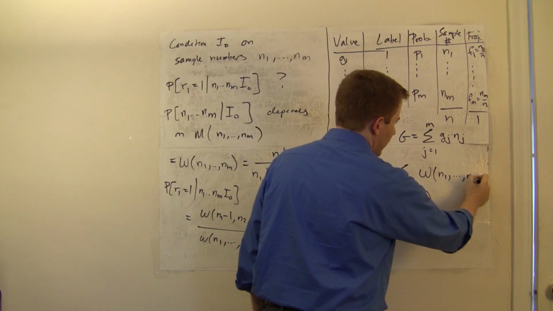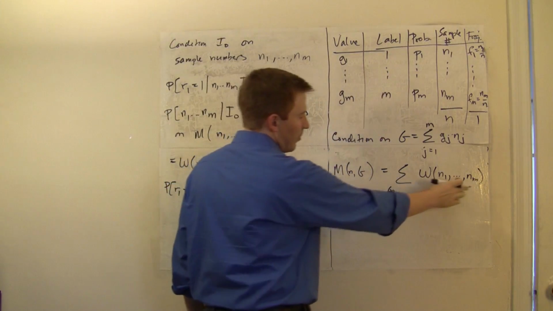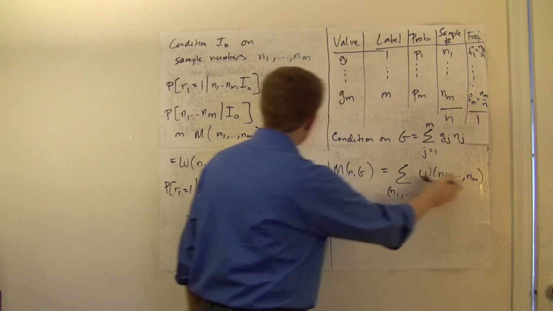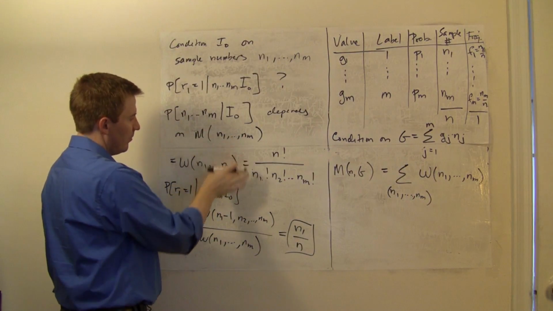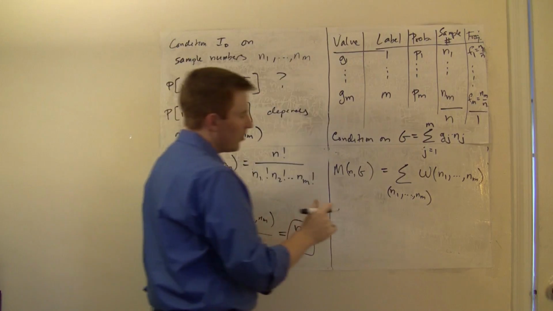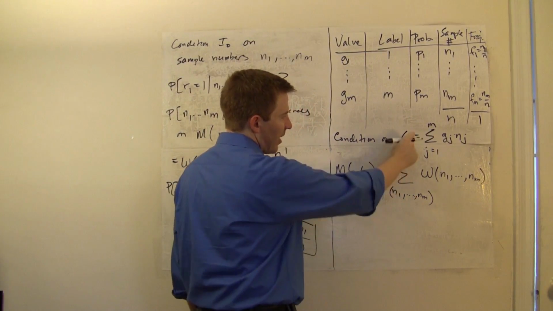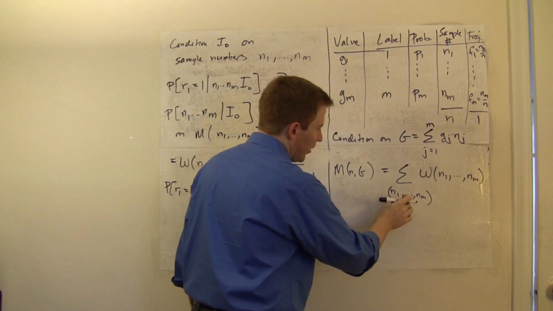So first we have to pick a collection of sample numbers. The multiplicity for that collection of sample numbers is what's shown here, right? So that's this multinomial coefficient. Now we only add up over the sample numbers that satisfy this constraint that we're interested in.